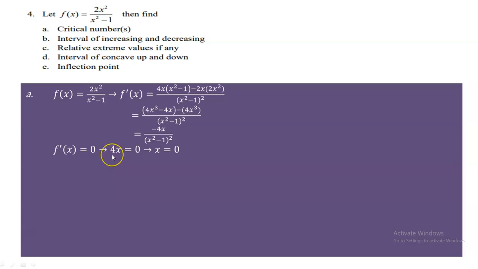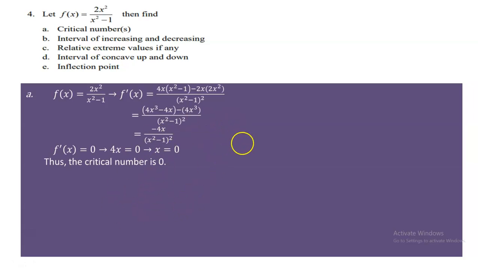So dividing the whole by negative 4, you will get x to be 0. Here 0 is an element of the domain of the function, because as you see, the domain of the function is the set of all real numbers except minus 1 and 1. So 0 belongs to the domain, so it is a critical number. The only critical number we have here is 0.